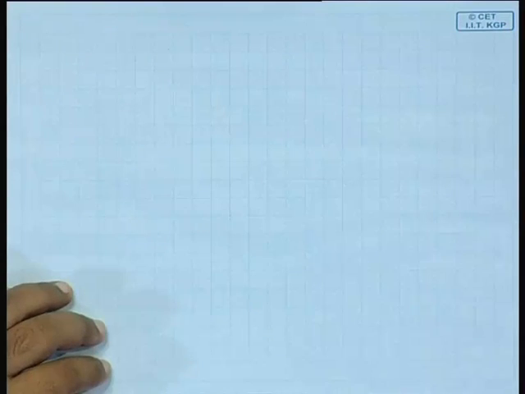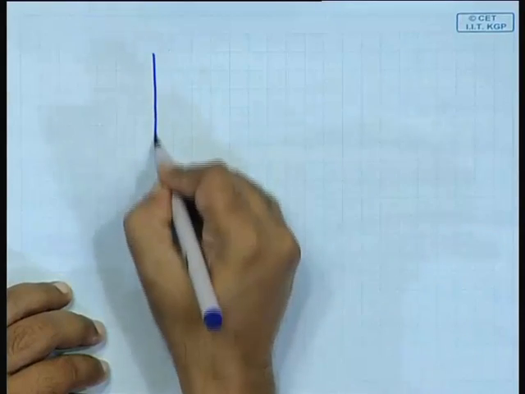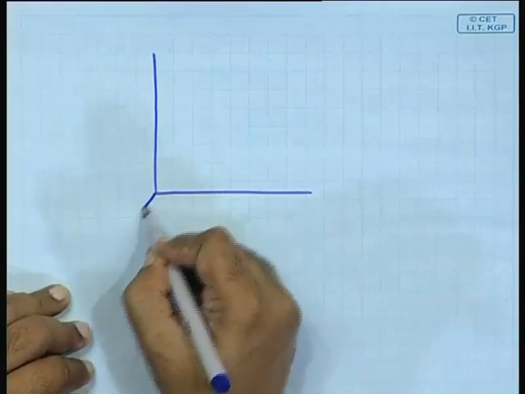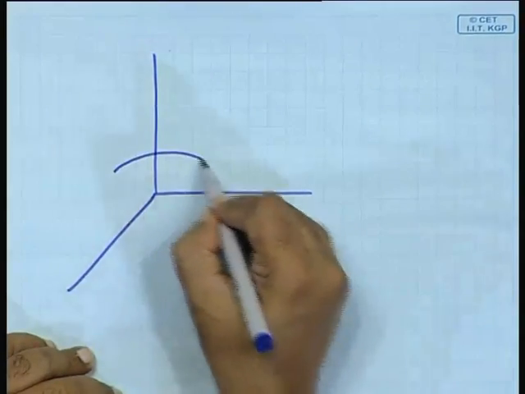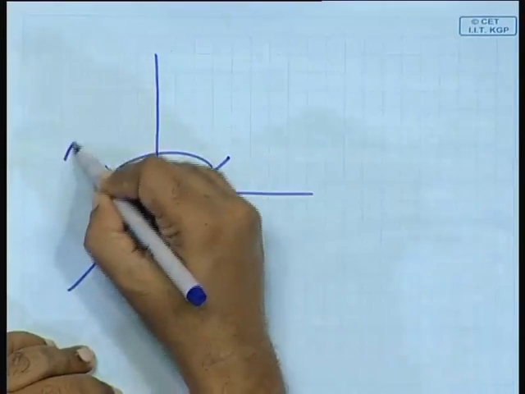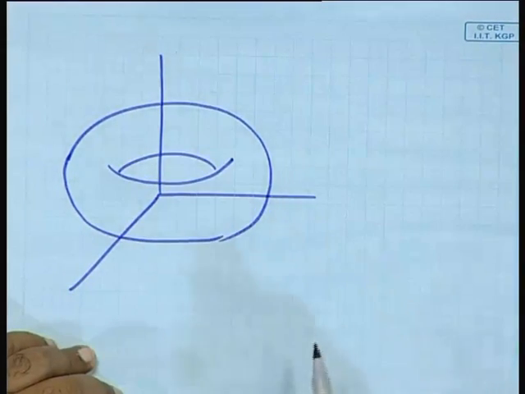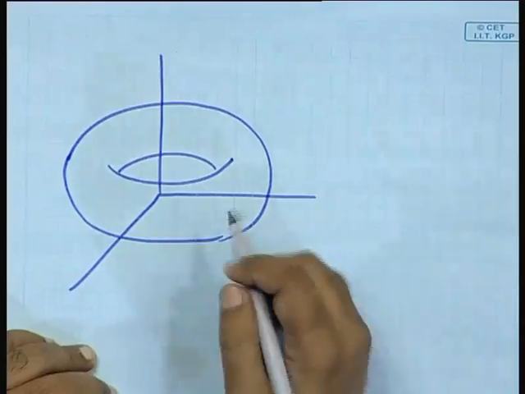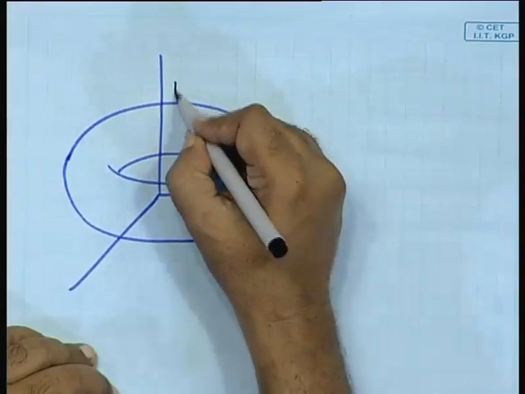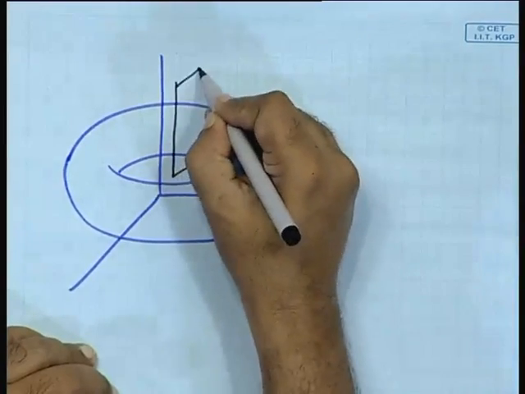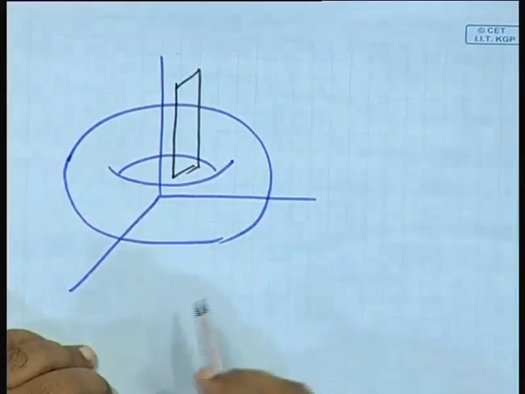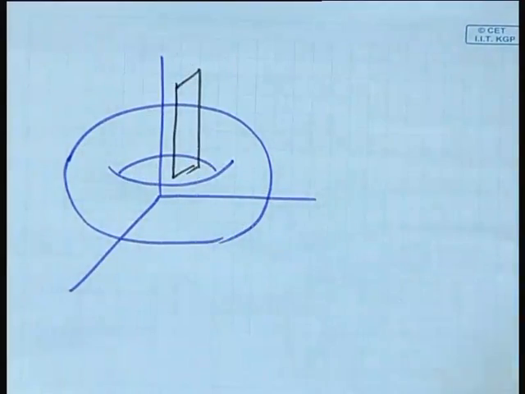But what happens if this ratio is incommensurate? Suppose you have a torus and then you have placed a Poincare section and you are trying to observe how will it intersect.